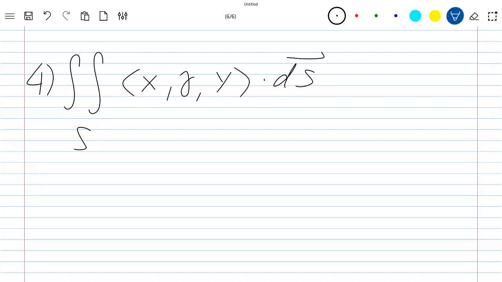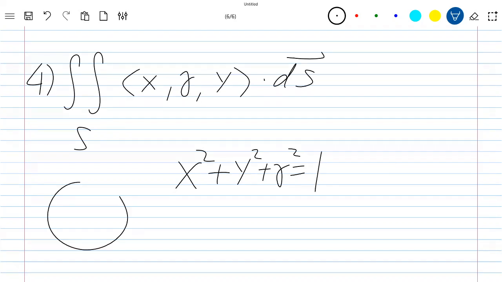S is x squared plus y squared plus z squared equals 1. Okay, really easy. It's just a unit sphere. But let's make it a little bit harder. So let's say it's the top half of that. So we just cut off the bottom half.